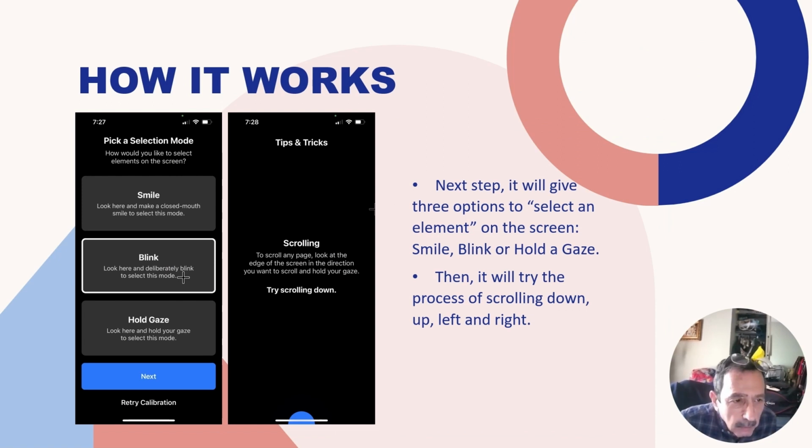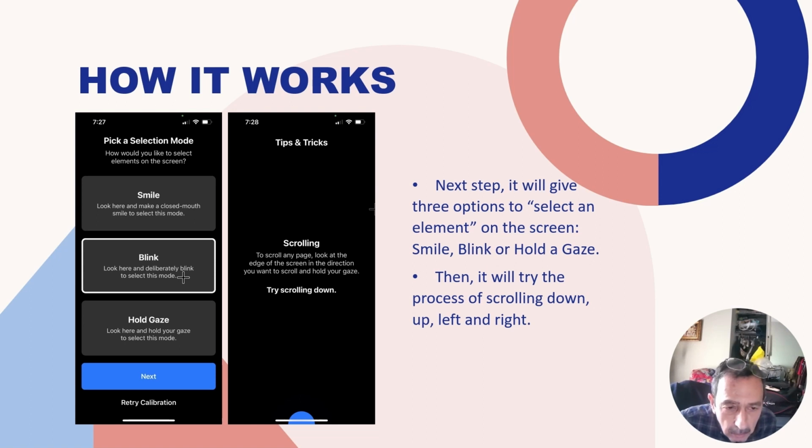When it finishes this eye positioning calibration, it will go to the next step, which gives you three options to select an element. So on the screen you can either smile or blink or hold a gaze.